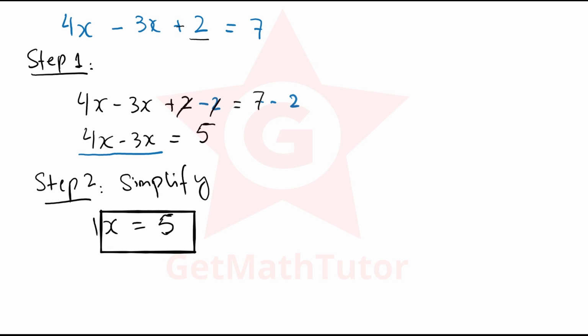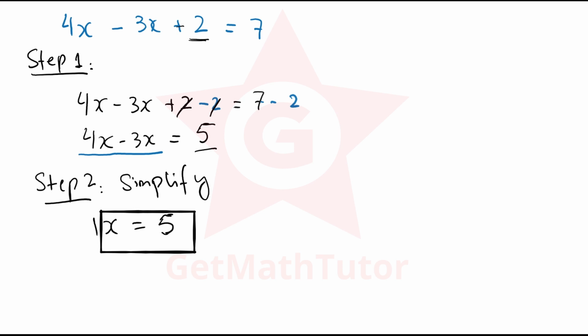Okay, so once again, what is the method in step 1? You will do the opposite of what is being added or subtracted to x on the left hand side. So in this case, we had 2 being added. We subtracted 2 on both sides. If it was minus 2, we would have added 2 on both sides. Then we simplified, right? So 2 got cancelled. Then we are left with 5 on the right hand side.